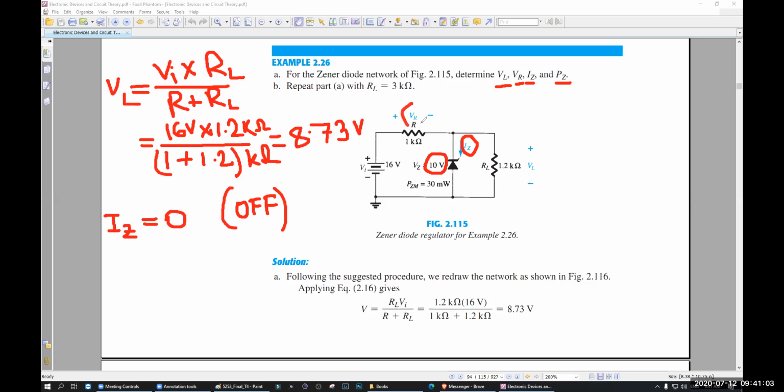Let's find out the VR. VR should be VI minus VL. VI is 16, VL is equal to 8.73. So 7.27.